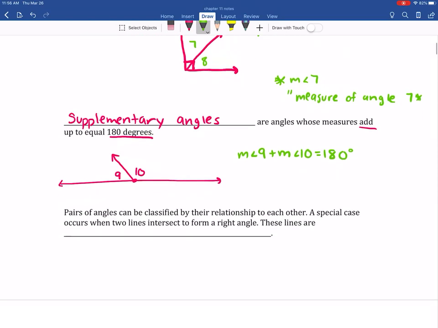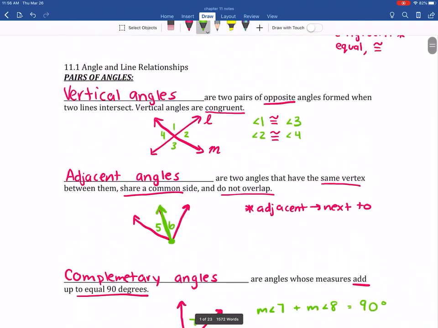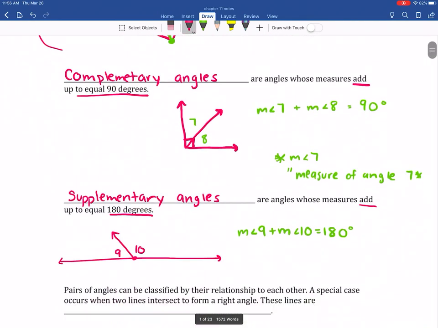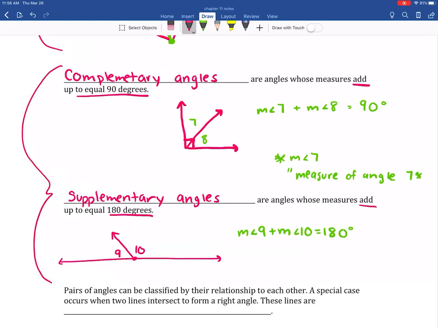So 4 angle pairs here. The first two had to do with position. They were either next to or opposite of. And the last two had to do with their measure. But they're all different angle pairs.